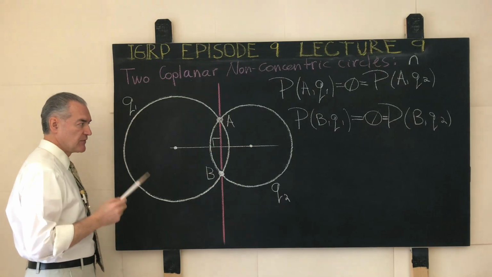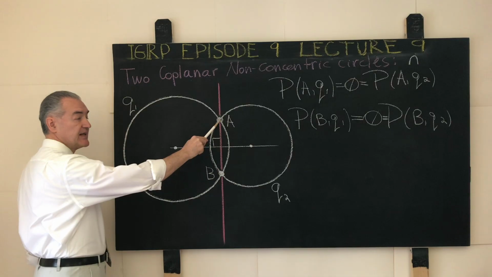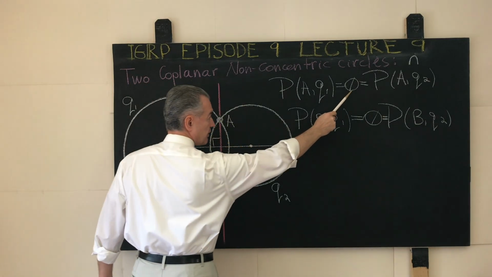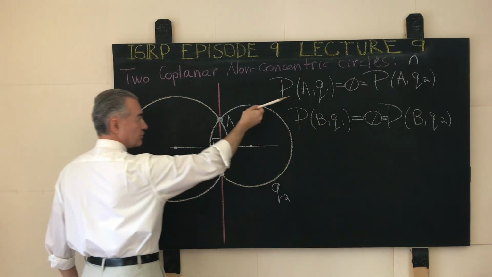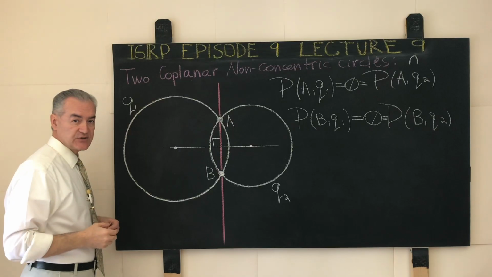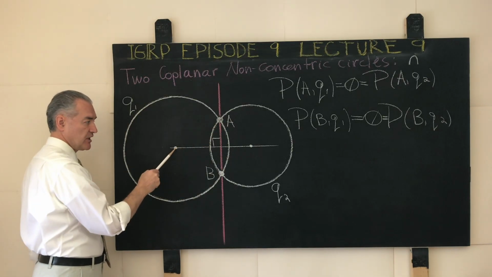Why is that? Well, first, we compute the power of the point A over which these two circles intersect, and we see that this power must be 0. Why is that? According to our algebraic definition, such a power is the difference between the square of the distance of that point to the center of that circle.